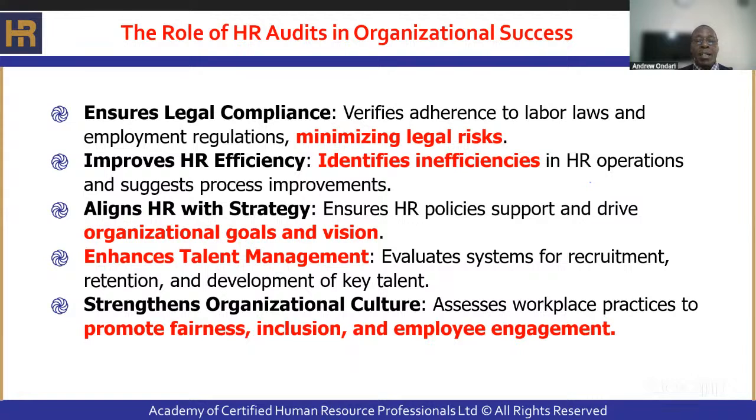Or three, annually. So again, depending on the policy you will put in place, HR audits can be done quarterly, half yearly, or annually, so that we achieve our vision. HR audits help to identify those gaps and weaknesses so that we are in line with our vision.